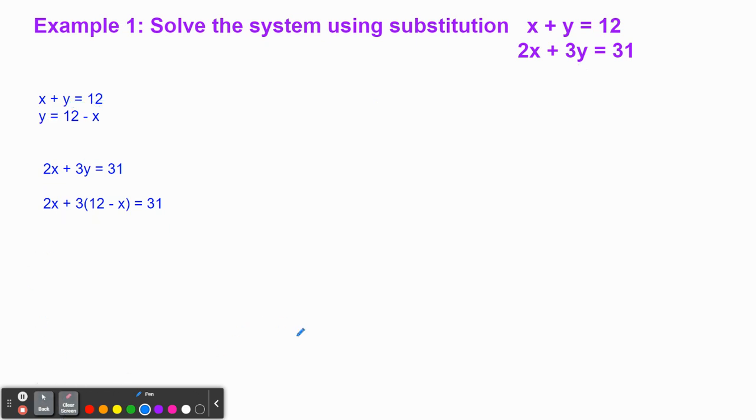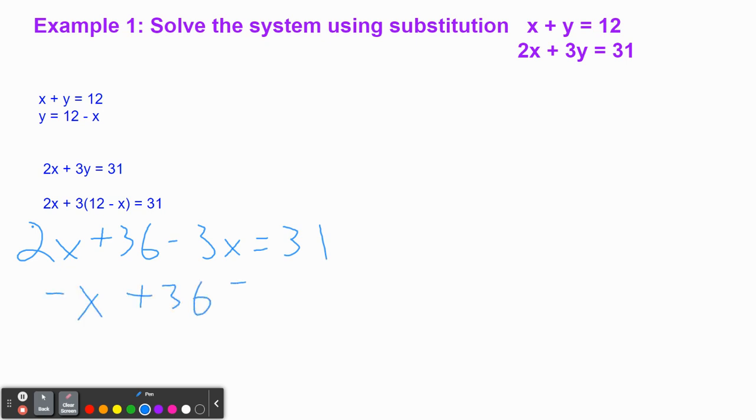If I work that out, I would distribute, and I would get 2x plus 36 minus 3x equals 31. Combine like terms, 2x and negative 3x should get negative x plus 36 equals 31. Subtract 36 from both sides. Negative x equals negative 5, and x would equal 5.